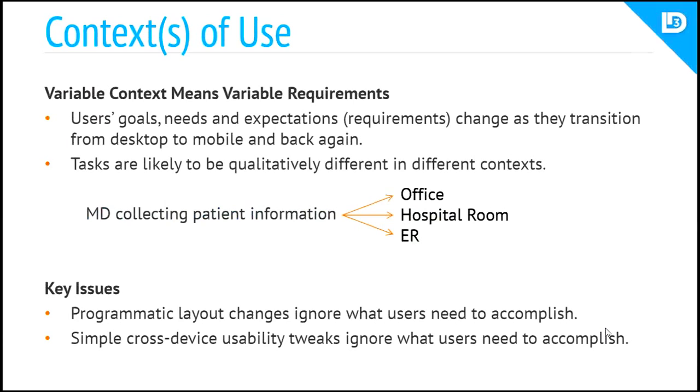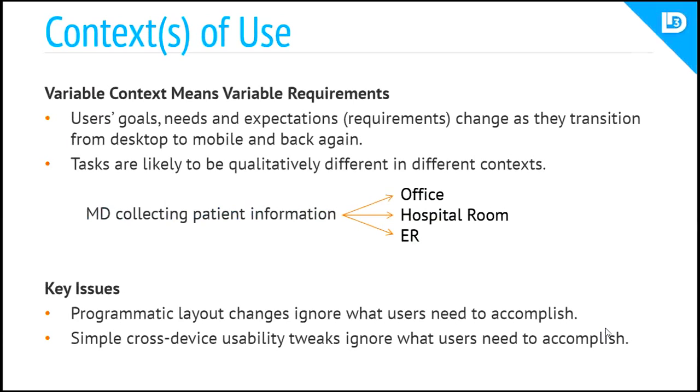One of the things that really bugs me about responsive design being touted as something of a panacea is that it ignores what users need to accomplish as they move from situation to situation. Simply making a website or an application usable on different devices ignores what I'm trying to do.